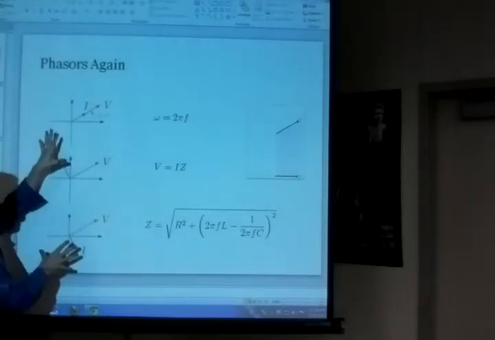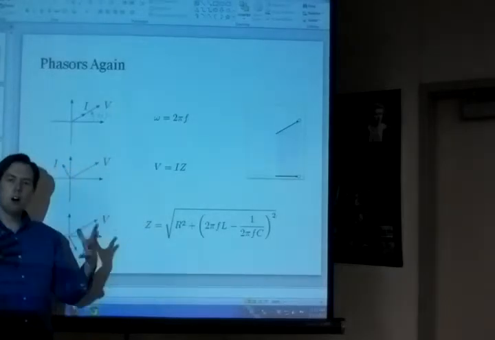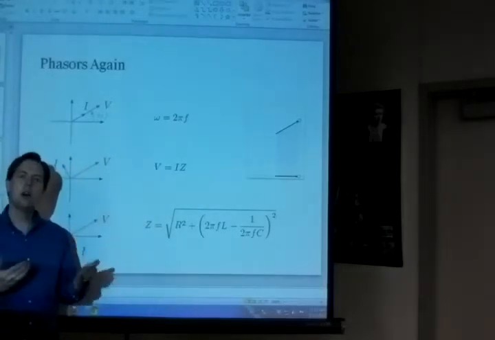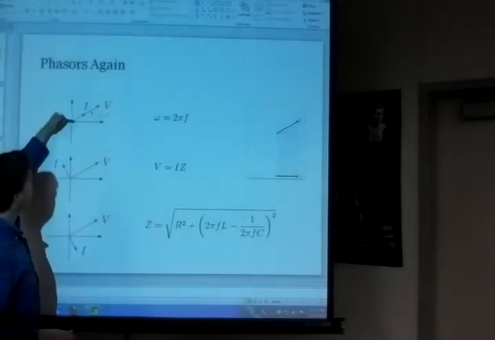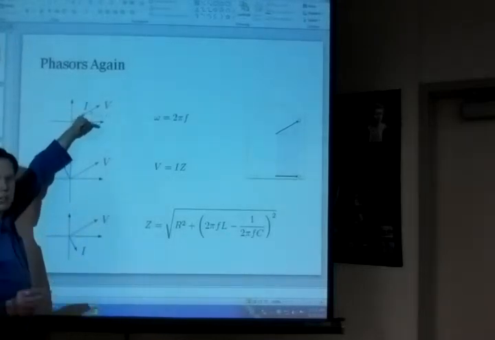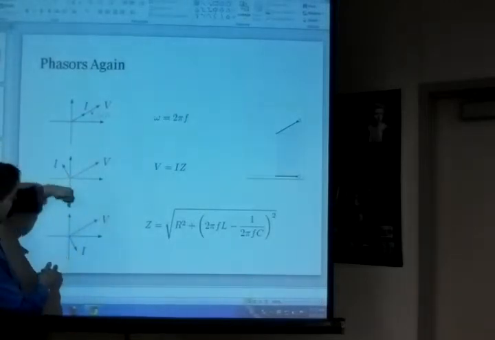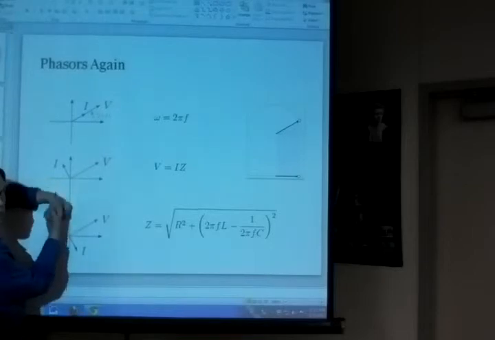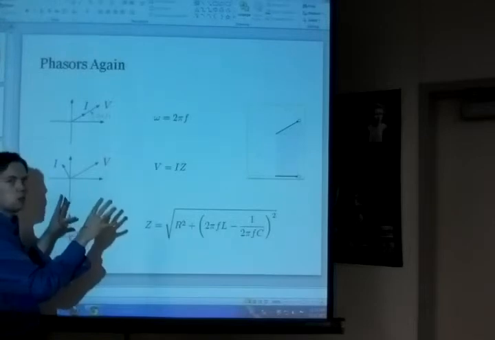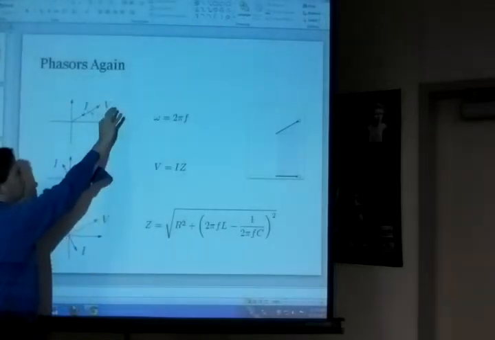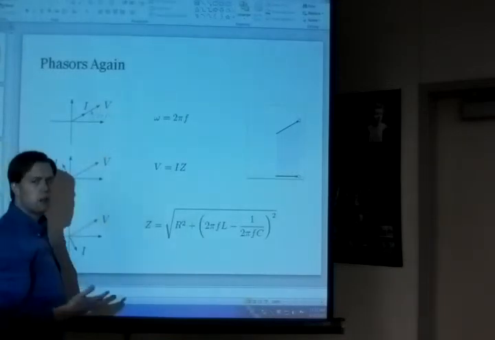The voltages are not. And so in order to calculate the net impedance of all the circuit together, I need to combine those voltages. And the way I do that is with my vector math. I've got a voltage, I've got a horizontal component representing the resistance. And I've got vertical components. You know, this one's going to be pointing down, this one's going to be pointing up, so they oppose one another. And so what I need to do in order to capture the net is to calculate the component horizontal, the component vertical, add them via Pythagorean theorem.